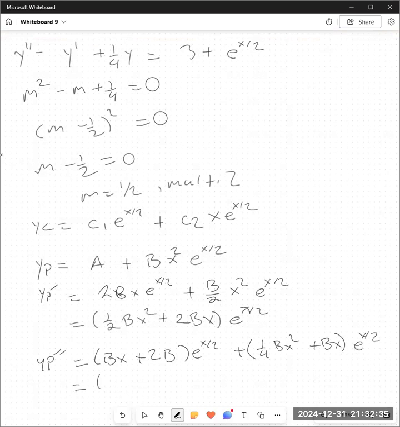Combine those like terms and I get 1/4 bx squared, bx and bx makes 2bx, and 2b, times e to the x over 2.